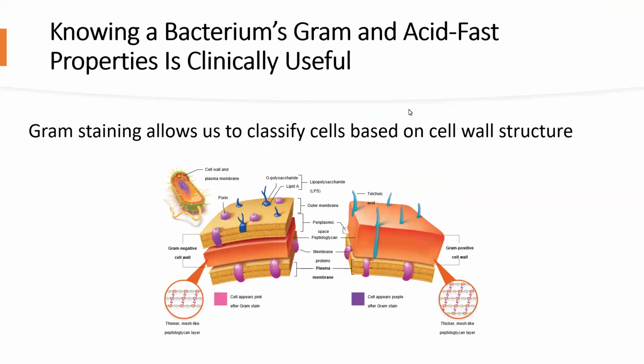Now, one of the ways that we are able to distinguish between different types of bacteria, and this actually becomes fairly important for clinical purposes, is by classification of their gram status using the gram stain, which is based off of the microbe's cell wall. We'll talk a little bit about that here and a little bit more in another lecture.